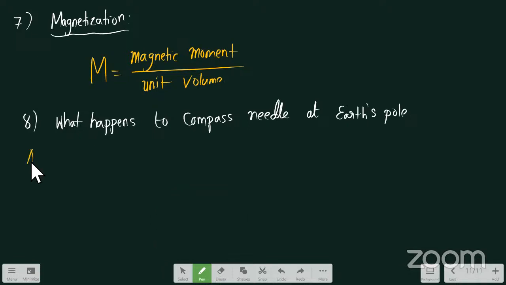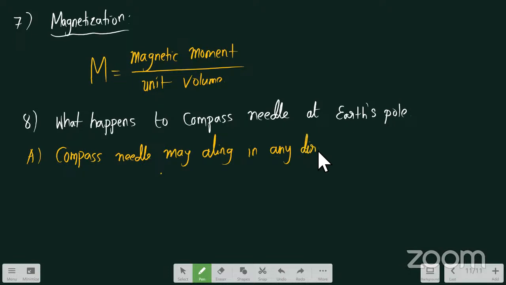Answer: the compass needle may align in any direction at Earth's pole.